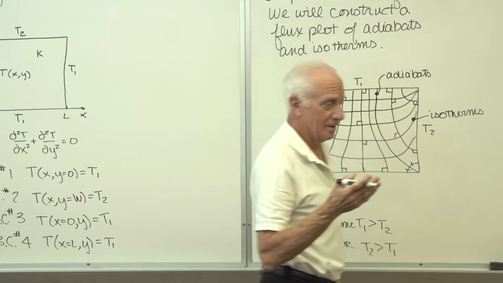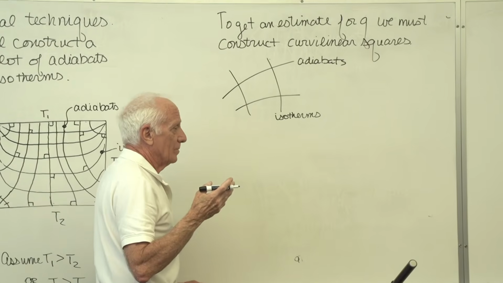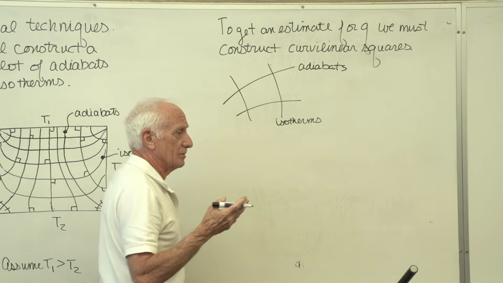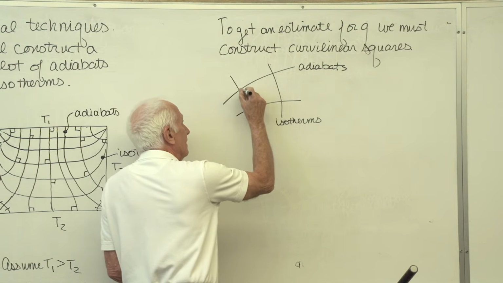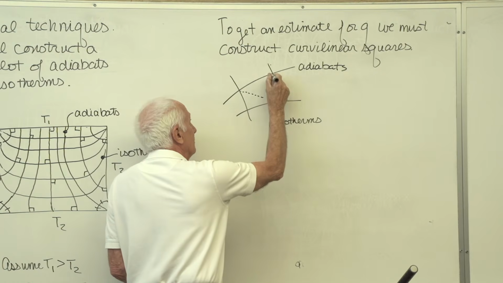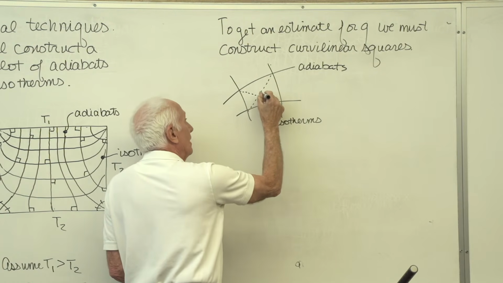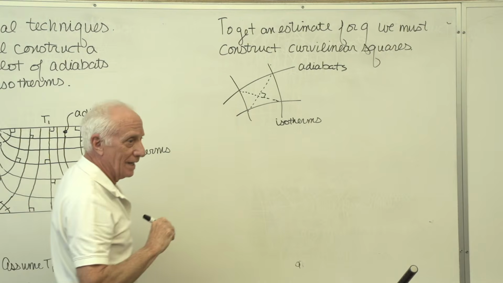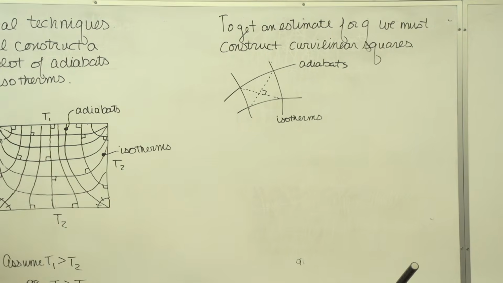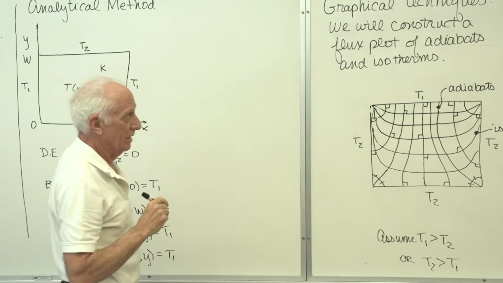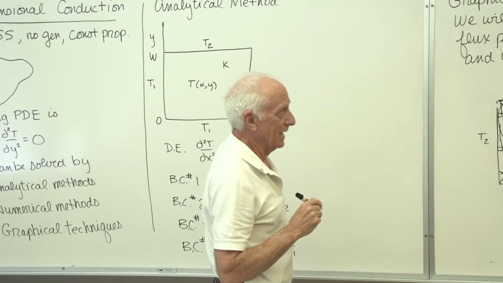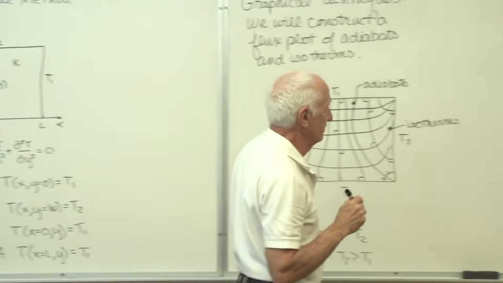How do I know when I've drawn a good curvilinear square? When you draw two diagonal lines, if those lines cross at a right angle, you've got, by definition, a good curvilinear square. Curvilinear squares, the diagonals cross at right angles.